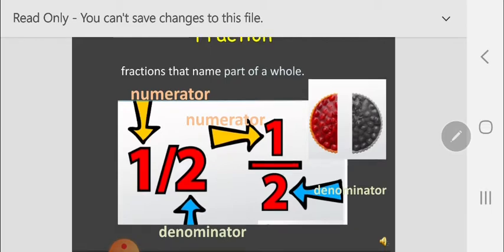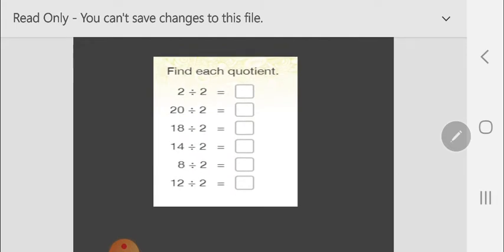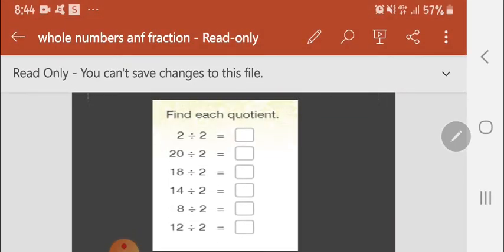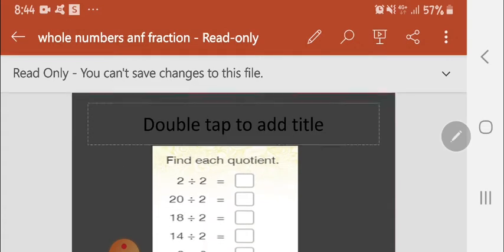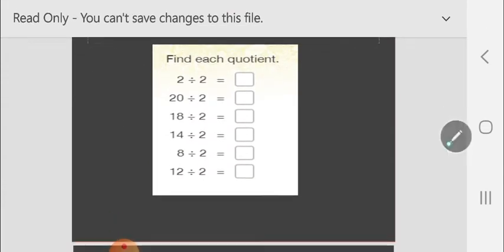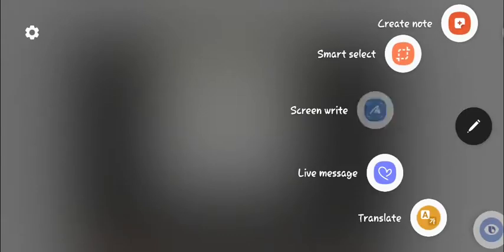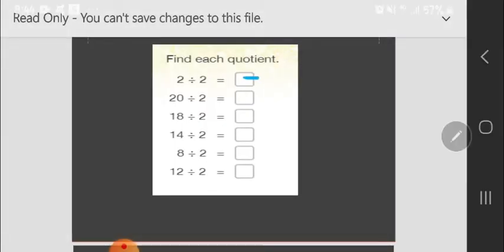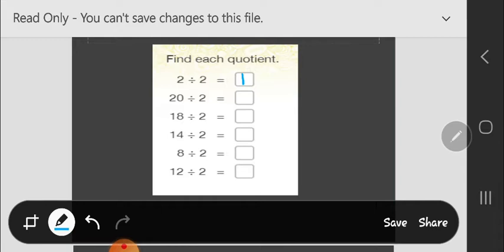It looks like division. So let's take a look at how I can find the answer of this quotient. Let's try to remember how I can do the division. Okay, let's start. 2 divided by 2 equals 1. 20 divided by 2.